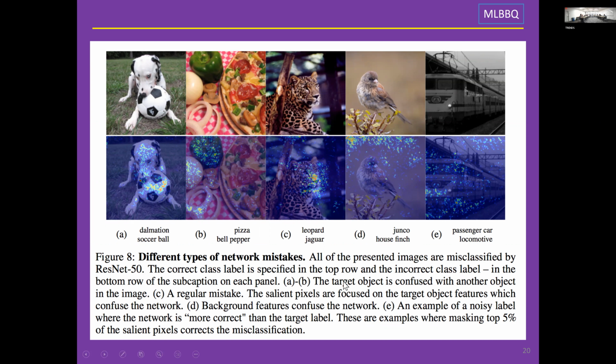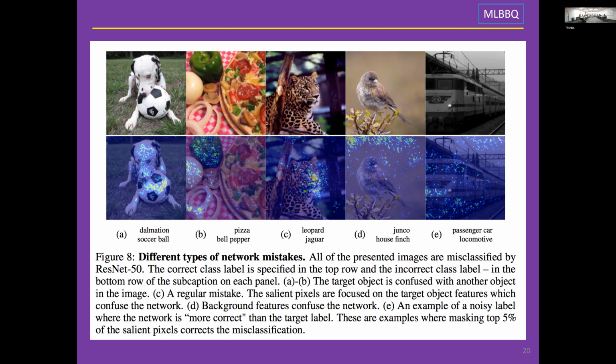Okay, so for A and B, the target object is confused with another object in the image. For example, the label is pizza, but the image contains a bell pepper, right? So the model was confused and decided affirmatively for the bell pepper.